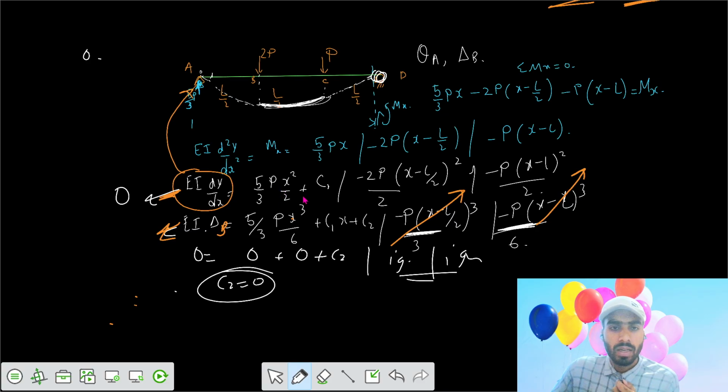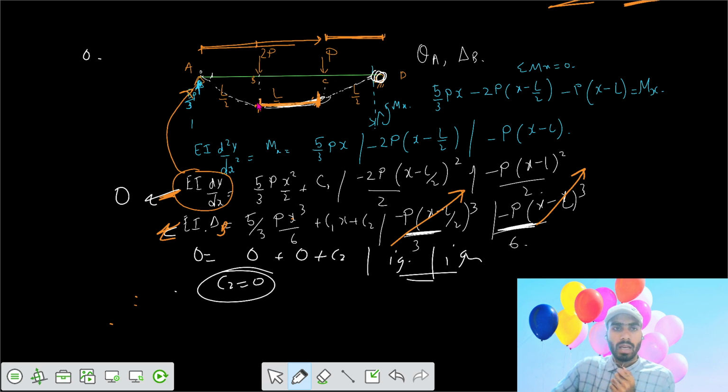but for that we have to say that there is a possibility that the value of x would be in this span, from L by 2 to L. There is no possibility that x would be in this part.